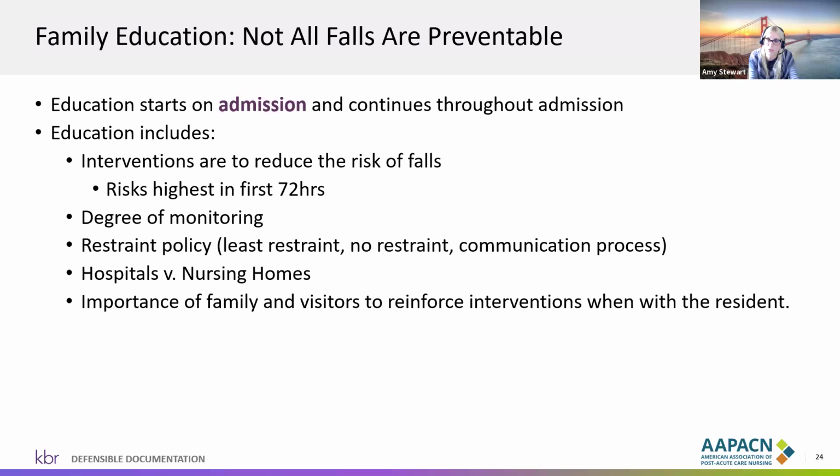And they did a really good job, I felt, of telling my mom the things that they would put in place. So just making sure your family understands, like you said, what degree of monitoring a facility can do. It isn't realistic to do one-on-one. We can't restrain people without other deconditioning or pressure ulcer risks, and just really spelling it out.